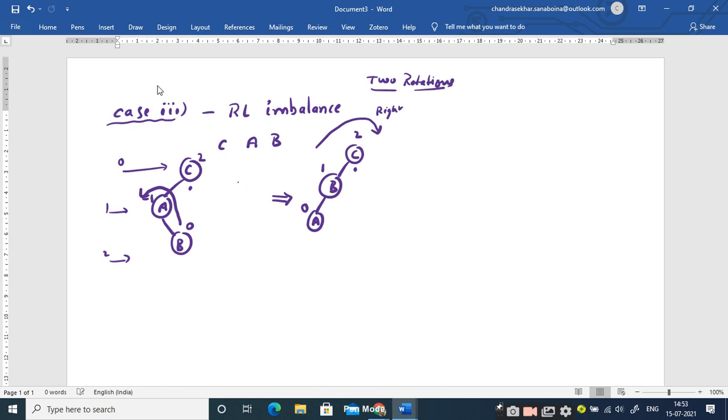Is it clear up to this point? So when I pull this towards the right hand side, or when I apply the right rotation, my finalized tree will be like this: B, A and C. Now if you calculate the balance factor, everything will be 0. Is it clear?